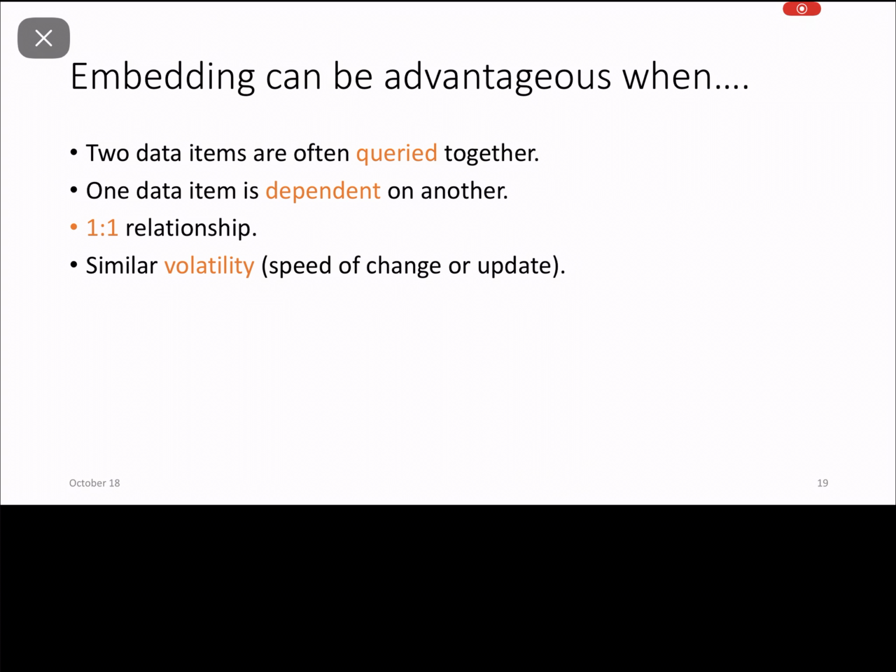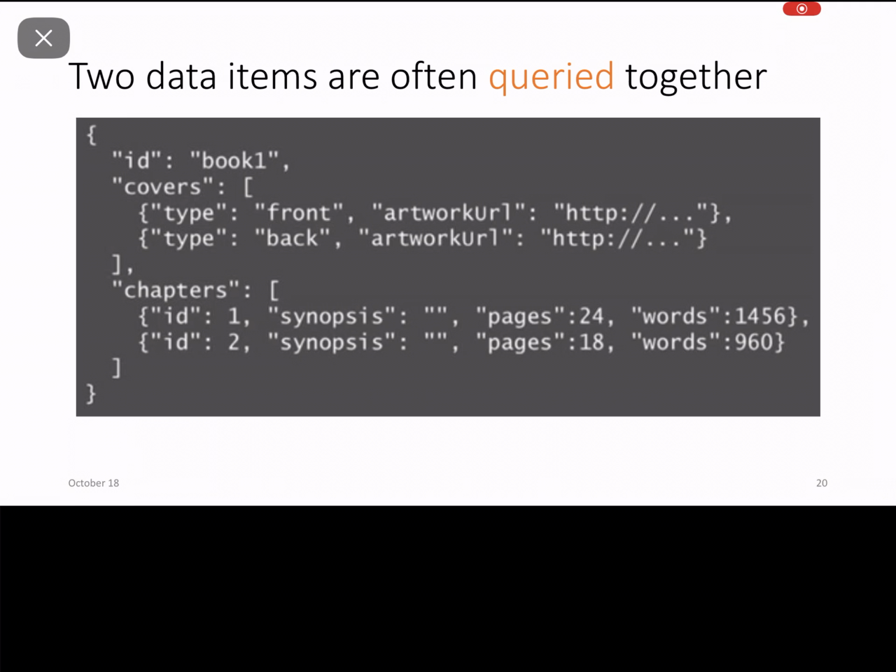So when can embedding be advantageous? There are 4 conditions or situations, and basically these 4 conditions are the opposite of referencing, because embedding is the opposite of referencing. Let's take a look at each one of these. When 2 data items are often queried together, this is a clear indication that you should embed them together. The example is about a book, and the book has covers and chapters.